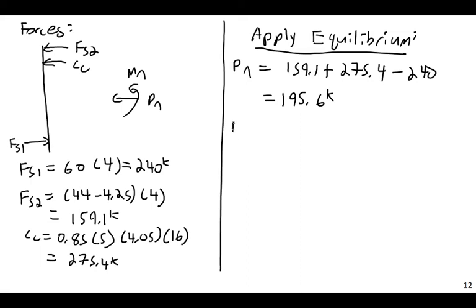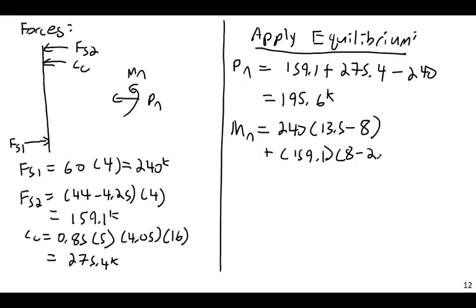195.6 kips, and then Mn. Again, taking moments about the centroid, it will be 240 times 13.5 minus 8, plus 159.1 times 8 minus 2.5, and then plus 275.4 times 8 minus 4.05 over 2.